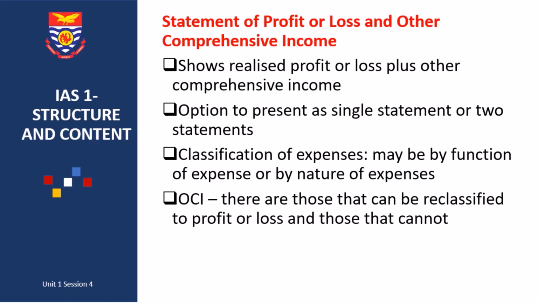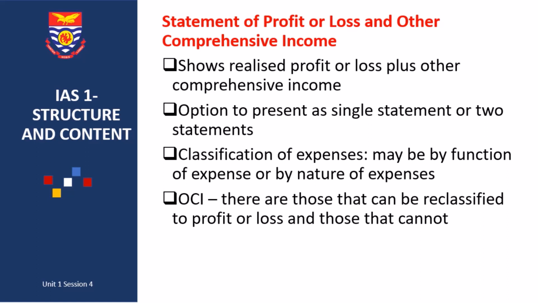And then you have the option to present as a single statement or two statements. What we mean by this is that you can prepare the statement of profit or loss and other comprehensive income together as a single statement, or you present the statement of profit or loss, and then you move on to prepare the other comprehensive income, making the two.